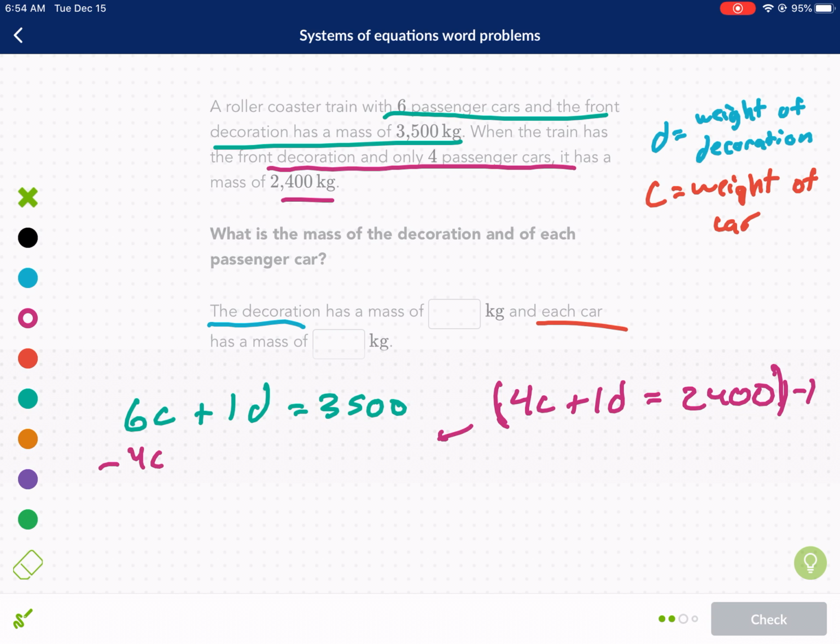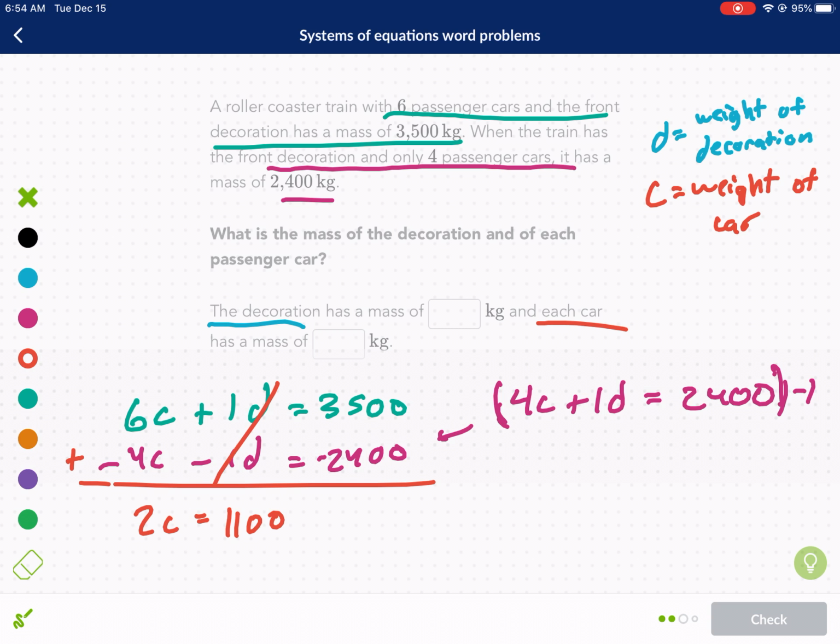So I get -4C minus 1D equals -2,400. The reason why I like to multiply by -1 is I think it's easier to always add with elimination. So we get 2C, the D eliminates, equals 1,100. So we get 550, I think, for the weight of each car.